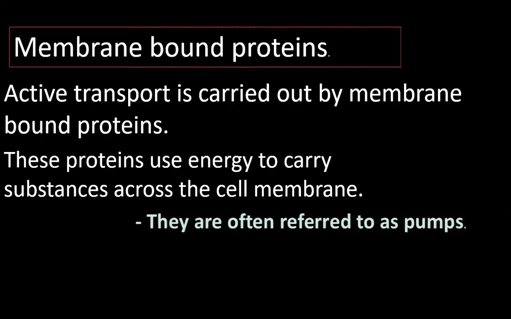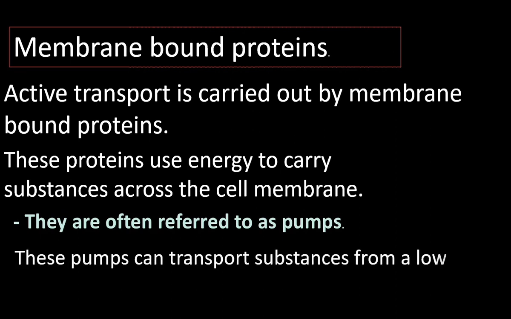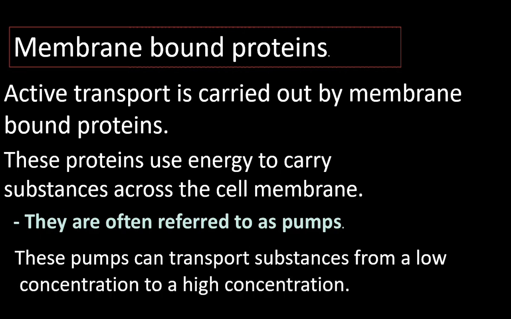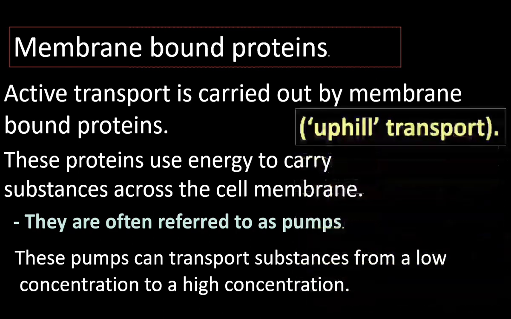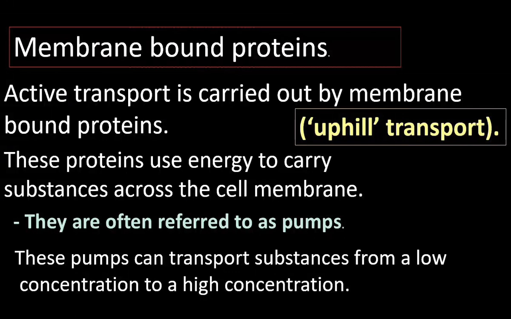They are often referred to as pumps, because these pumps can transport substances from a low concentration to high concentration. They support the uphill transport. Active transport takes place from the region of lower concentration to the region of higher concentration.